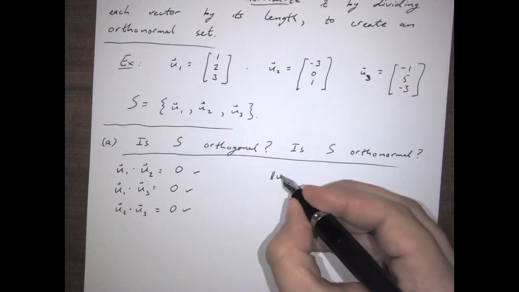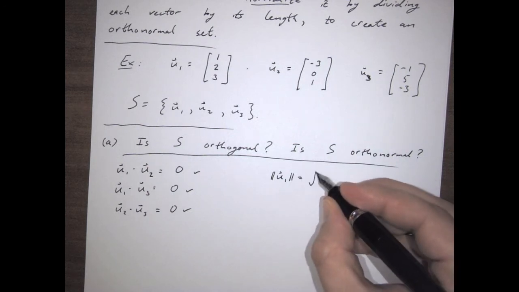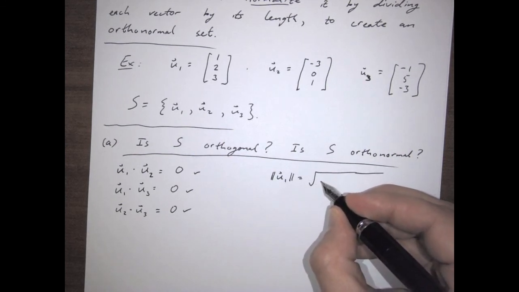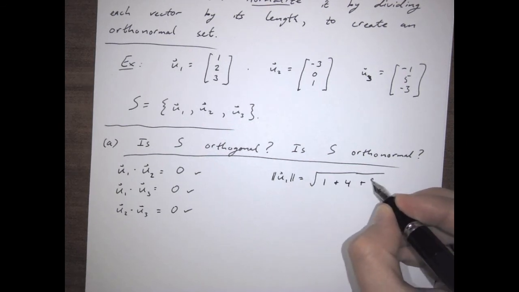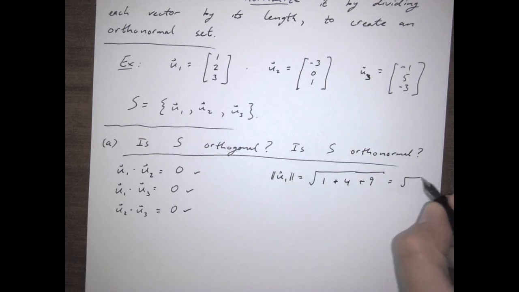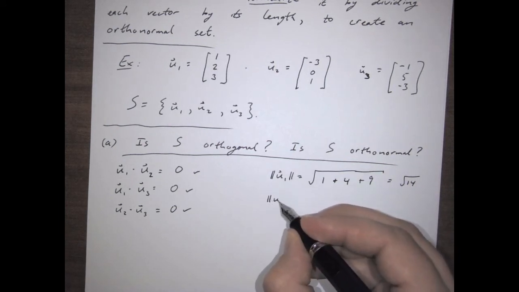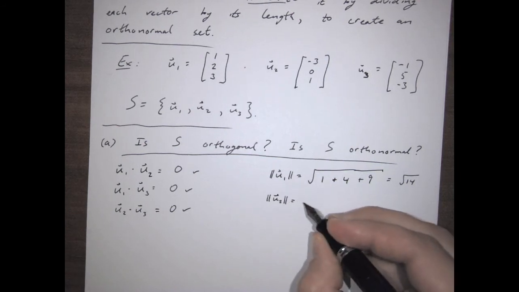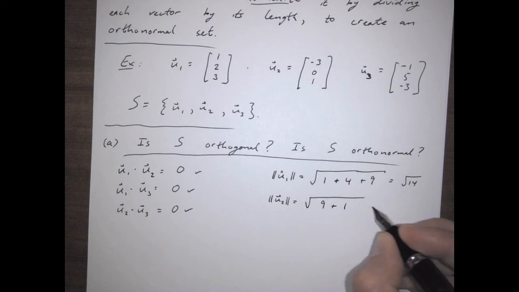Is S orthonormal? Well, let's figure out the magnitudes of the three vectors. So u1 magnitude is going to be 1 squared plus 2 squared plus 3 squared. This is going to be square root of 14. So we already know it's not orthonormal, but we might as well figure out the rest because it'll come in handy for part B, trust me. So u2, it's going to be 9 plus 1.